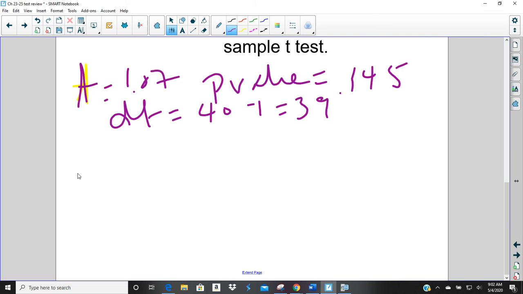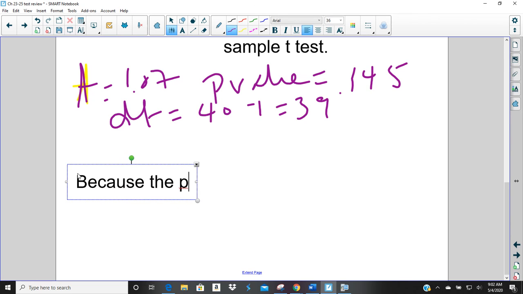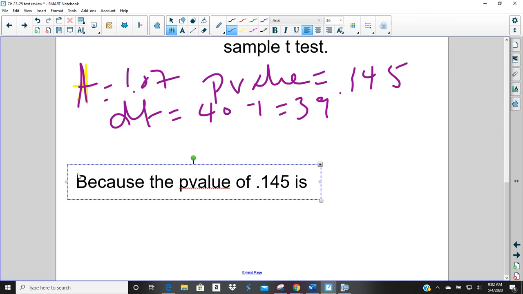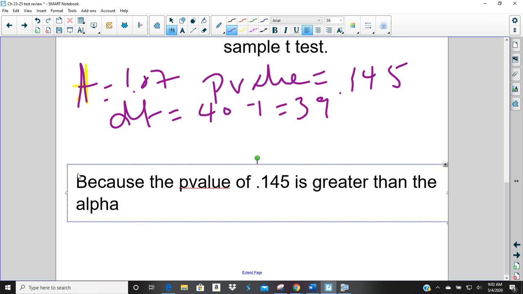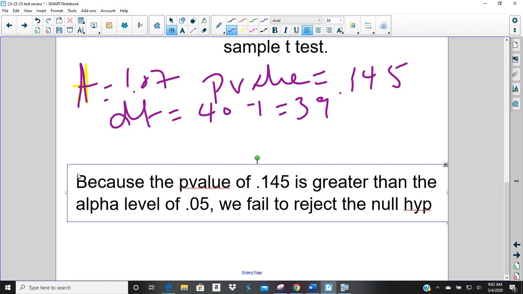So our conclusion is because the p-value of 0.145 is greater than the alpha level, which I'll write right now, of 0.05, we fail to reject the null hypothesis.